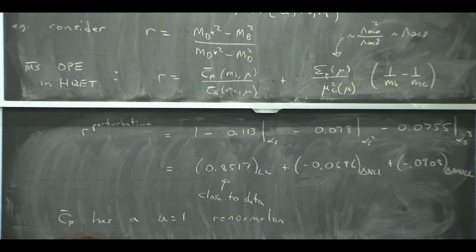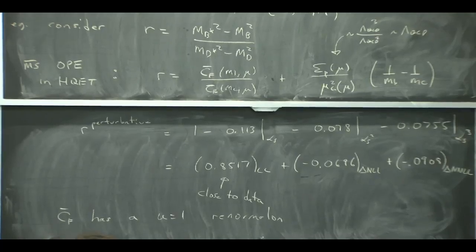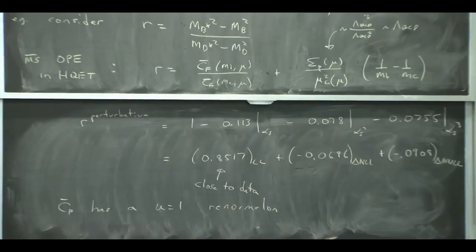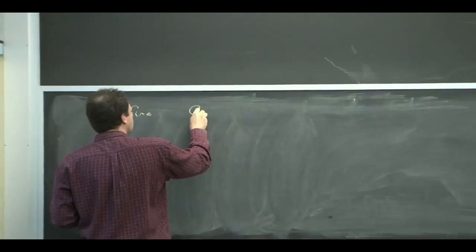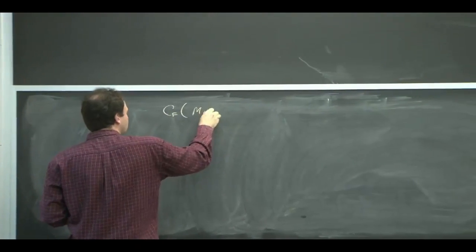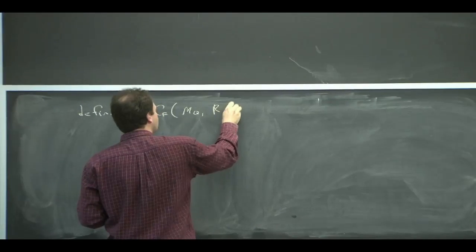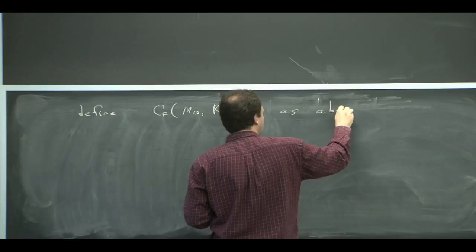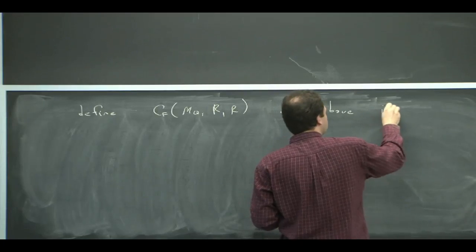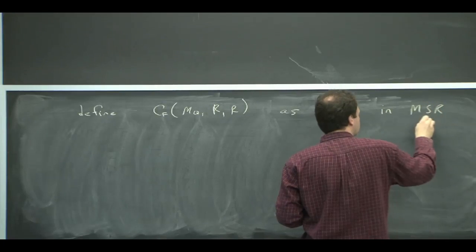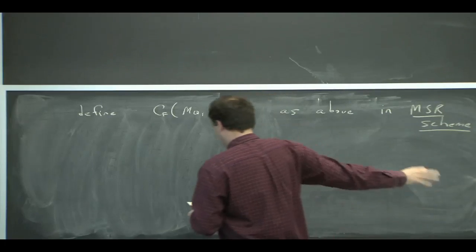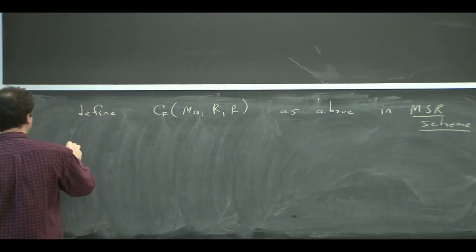So we reuse our perturbative information in MS bar, but just organize it in a more intelligent fashion. So we define a coefficient as above, saying that this problem must have to do with that renormalon.